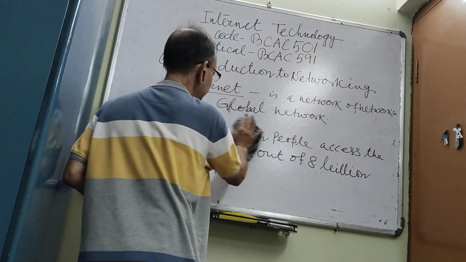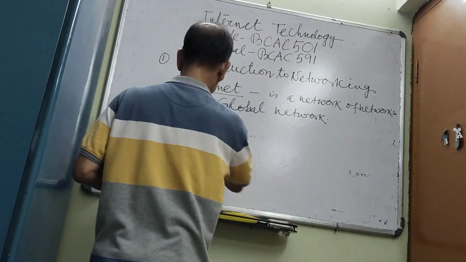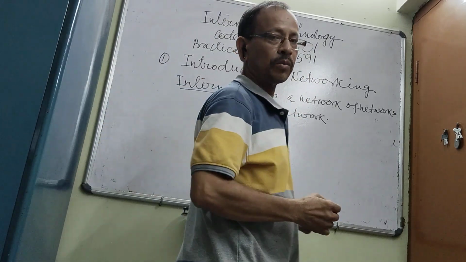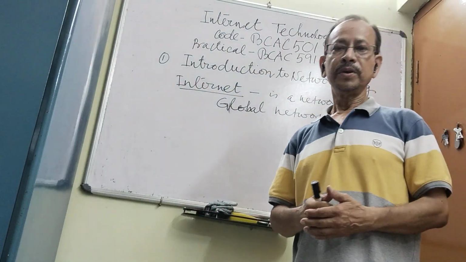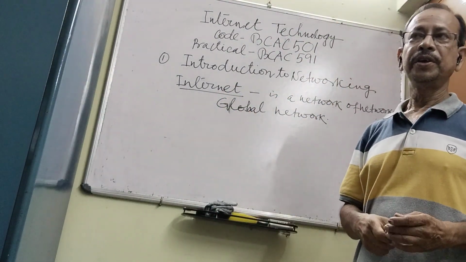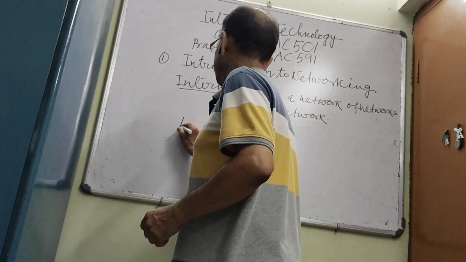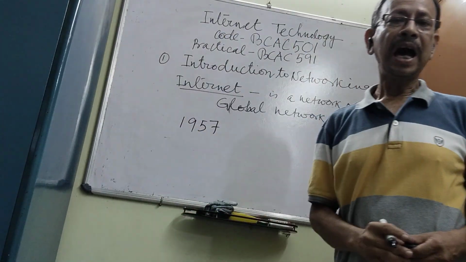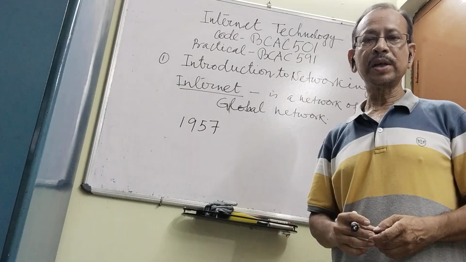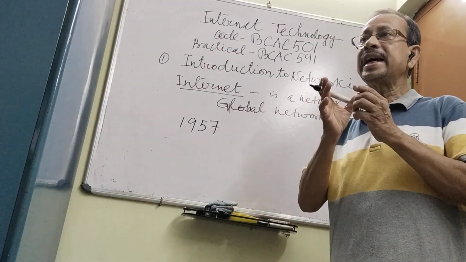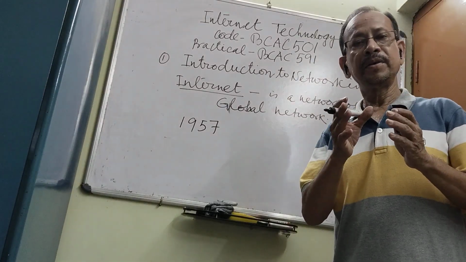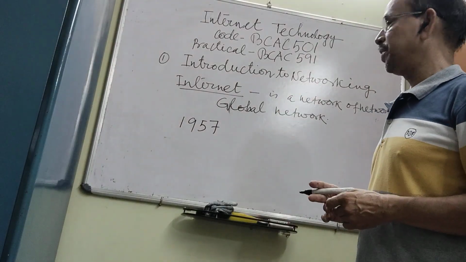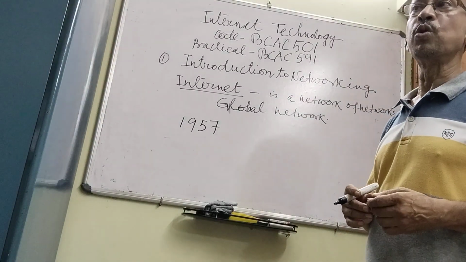There are so many things for the development of the internet. In 1956, 57, that is after the Second World War, there was a Cold War in the world between two giant groups.